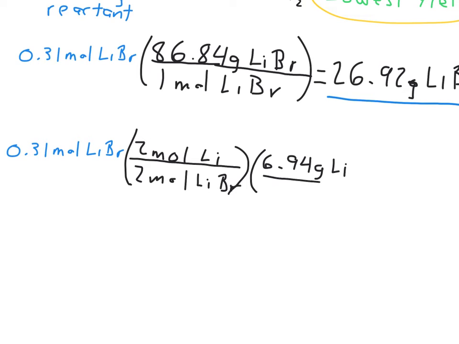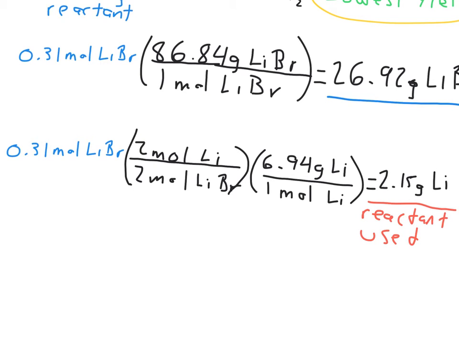I have the molar mass of lithium, 6.94 grams in 1 mole of lithium. Once I do that, I have 2.15 grams of lithium.